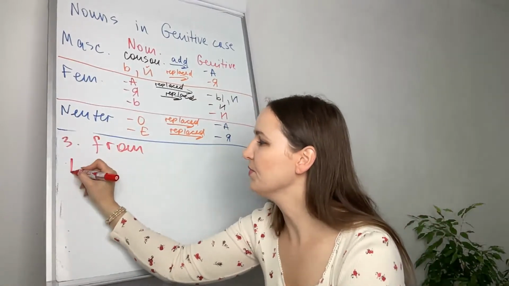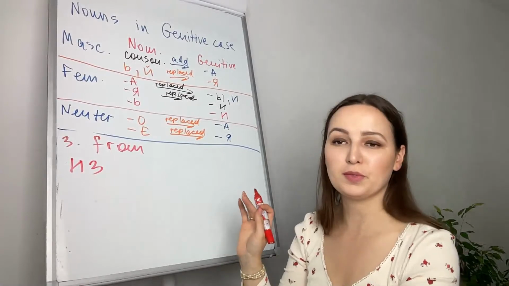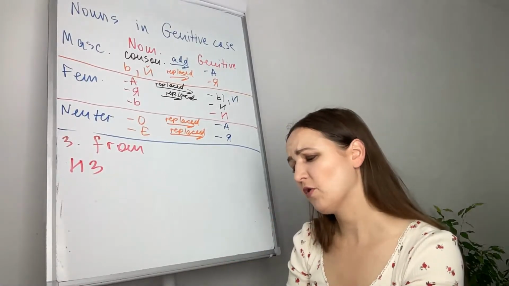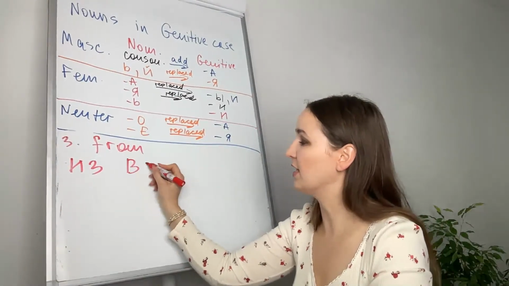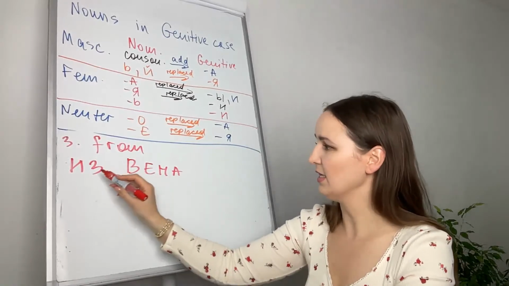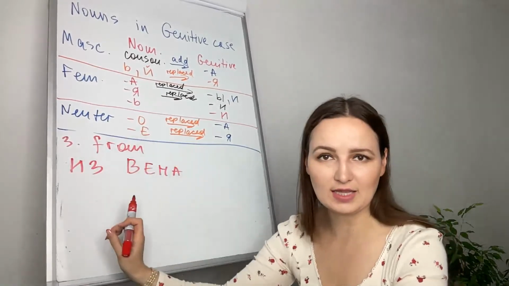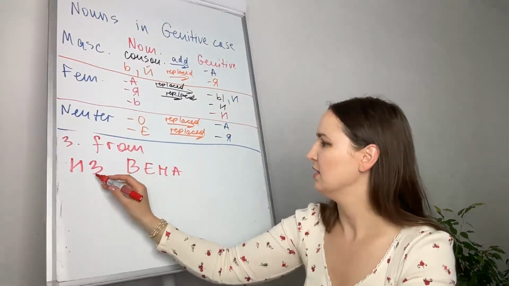For example, from is из in Russian. Let's say from Vienna. In Russian, Vienna is Вена, capital of Austria. Вена, that is Вена. We can't leave it like that because this is genitive case. From where?